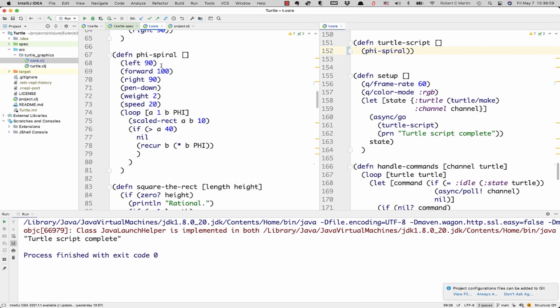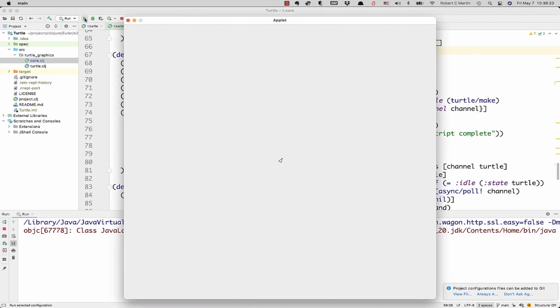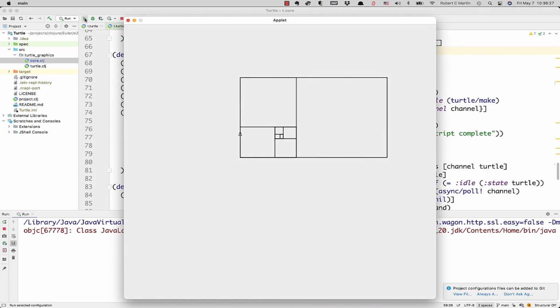Well, here, let me just do this and you can see how it works. Isn't that cool?